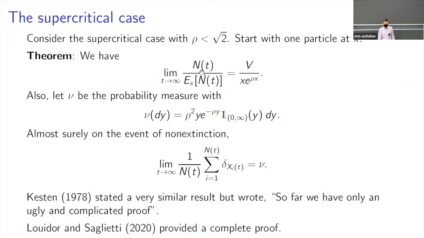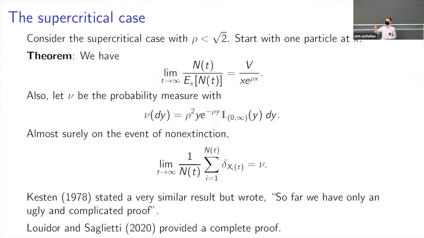On the left-hand side, we have n of t, the number of particles at time t, and we divide it by the expected number of particles at time t. This result tells us that as t goes to infinity, this ratio converges to a limit, given by the limiting value v of the martingale that we discussed on the previous slide, divided by x e to the rho x, which you can understand as just being v of 0.